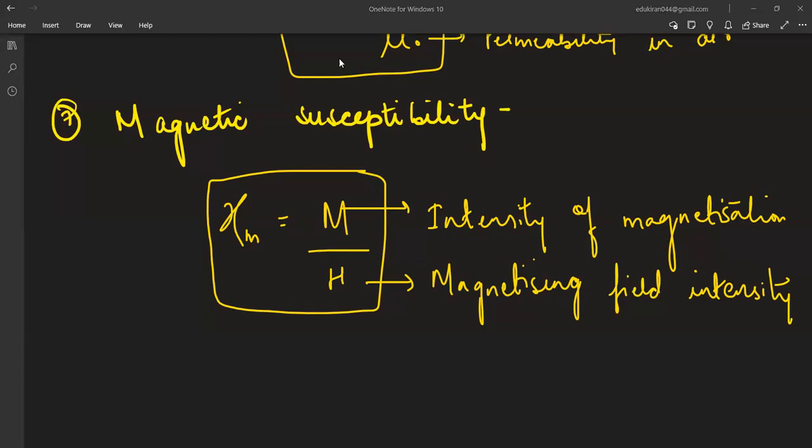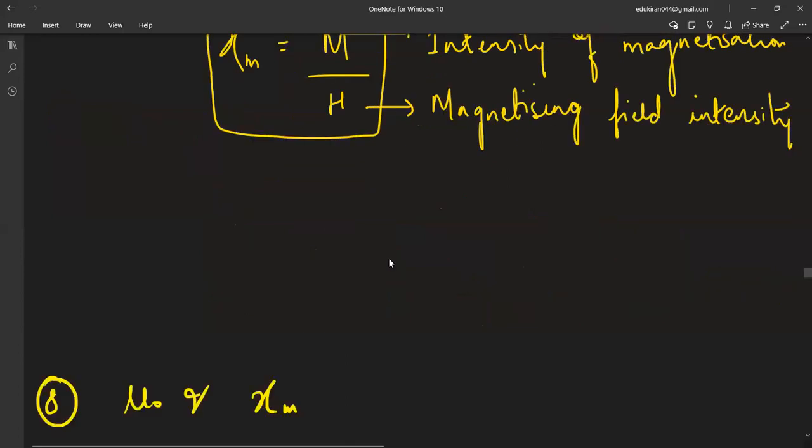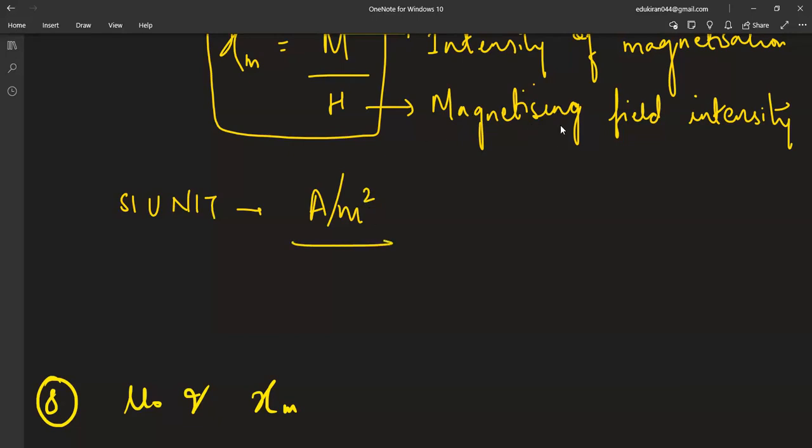See, when we talk about the units of magnetic susceptibility, intensity of magnetization is current per unit length, and its SI unit is ampere per meter. Magnetizing field intensity also has the SI unit ampere per meter.